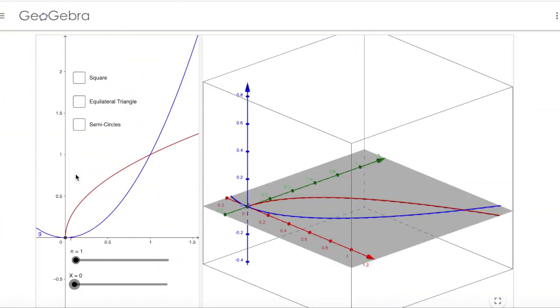Okay, so check this out here. It's giving you a little 3D visualization of the problem. Here's the graph of y equals x squared. Here's the graph of y equals the square root of x in the two-dimensional xy plane form that you're used to seeing.